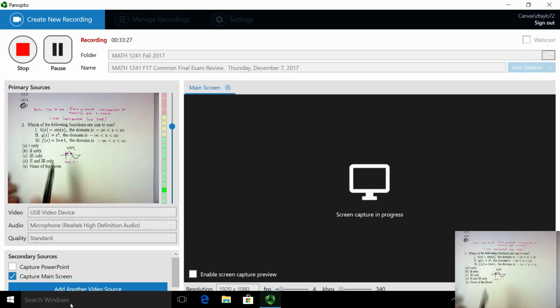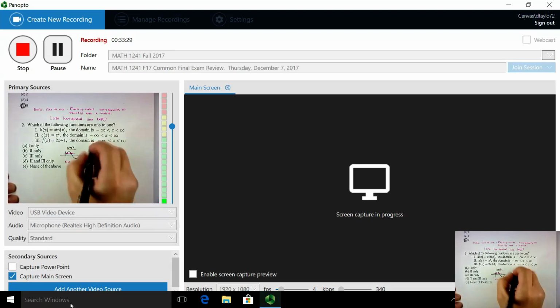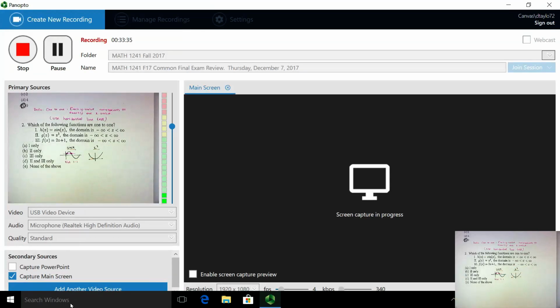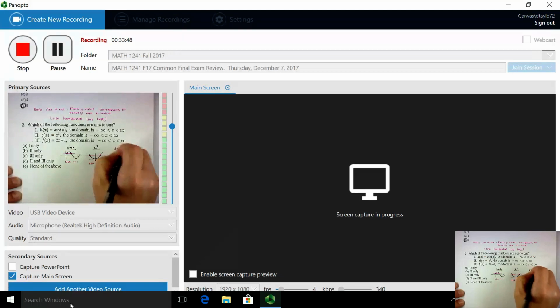All right, the second guy, g of x is equal to x squared. We know that x squared looks like this, right? It's a parabola. And sure enough, again, I can construct a horizontal line that intersects this graph more than once. So this guy is not one-to-one. All right, finally, 2x plus 1 is a line.